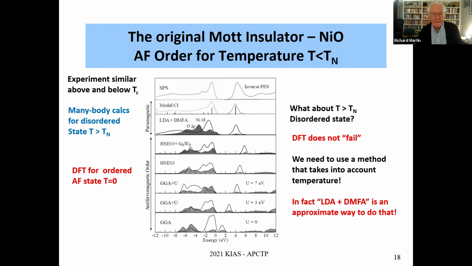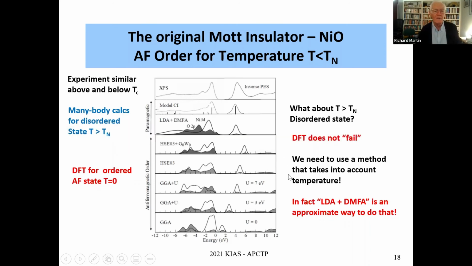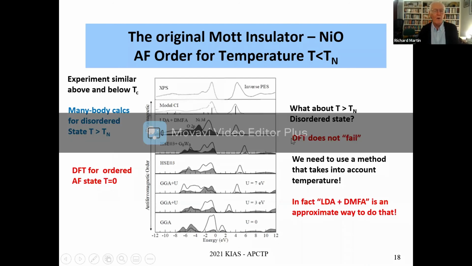What it means is that all this work in the lower parts of the figures that was using the various functionals was a zero temperature calculation. We need a method that takes into account the actual thermal disorder in order to properly treat the disordered system. And so how does one do that with density functional theory?